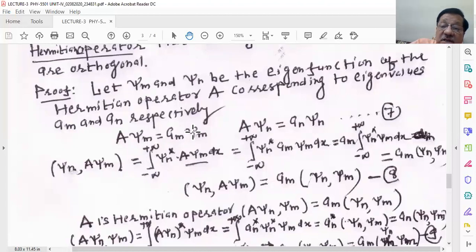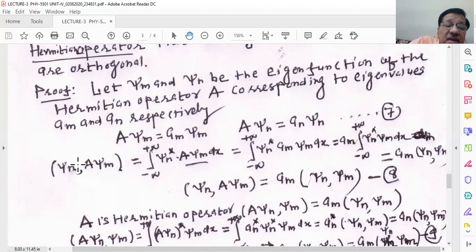And you have another eigenvalue equation: A operating on psi n is equal to An psi n, where An is the eigenvalue corresponding to the eigenfunction psi n. Now let us understand the theorem, that they are orthogonal to each other.